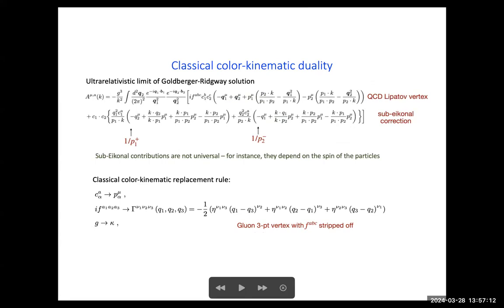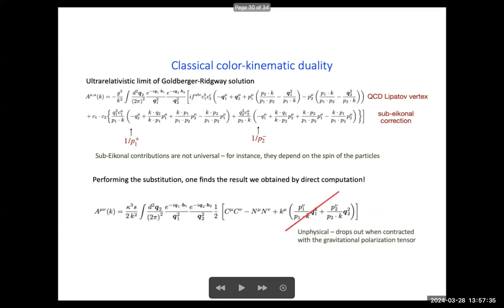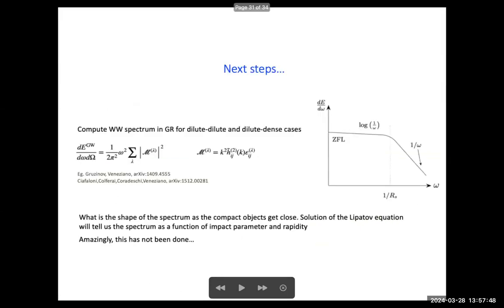Now if you do a classical color-kinematic replacement of the result of Goldberg and Ridgway, replacing the classical color sources with momentum labels, replacing the color factors, the structure constants, by purely the momentum part of the QCD vertex, and replacing the QCD coupling with the gravitational coupling, you recover precisely this gravitational result. So you see that there's an exact kinematic duality.